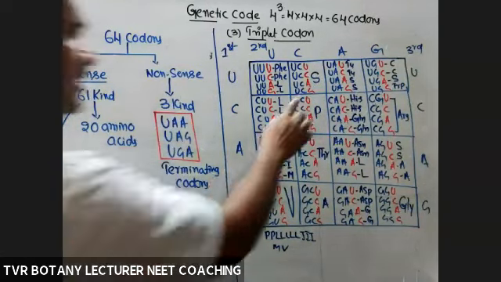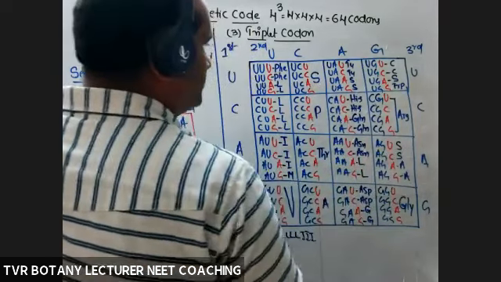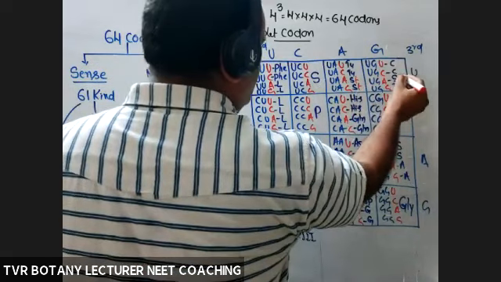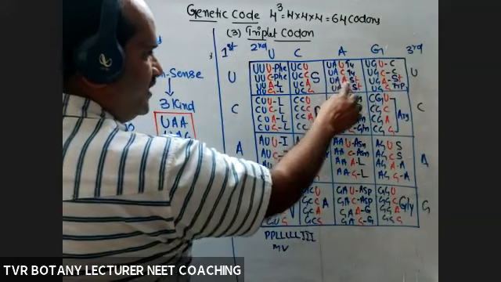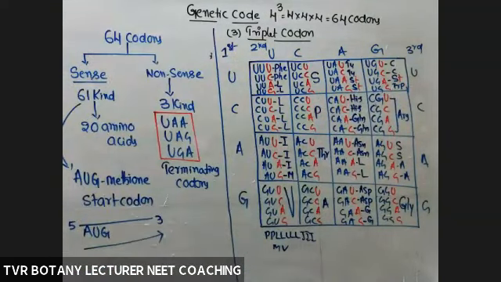So this is a stop codon, and here also a stop codon. Go back to that one: UAA, UAG, and UGA, stop codons.